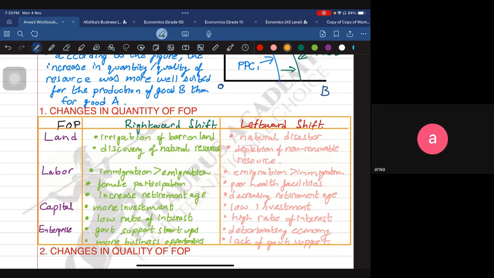So this is about the land, then the labor, then the capital, and then the enterprise. Once you're done with this, let me know, then we'll move forward to the next part.